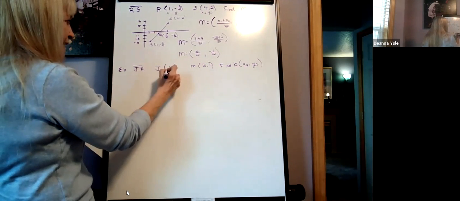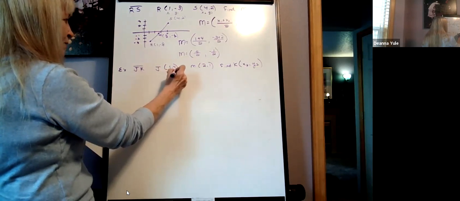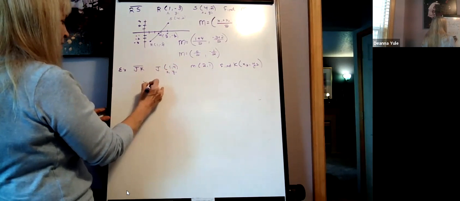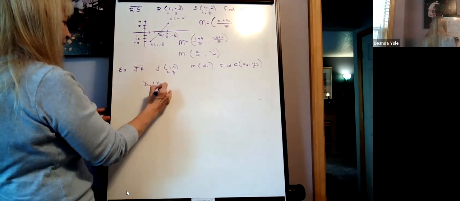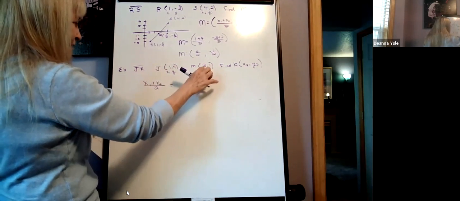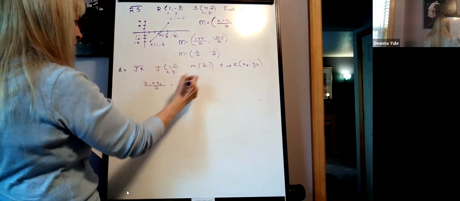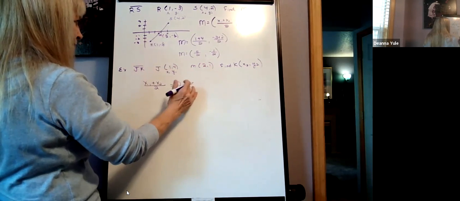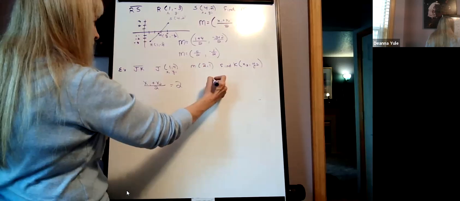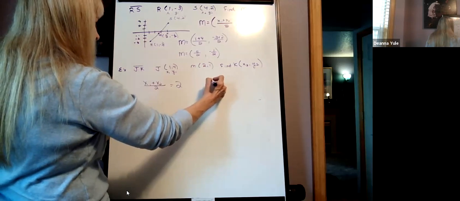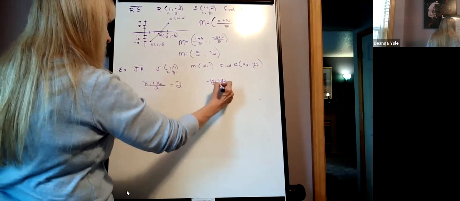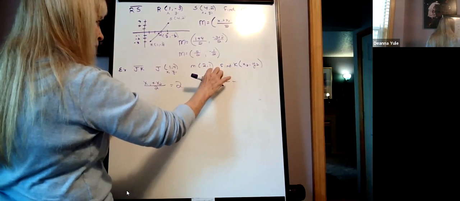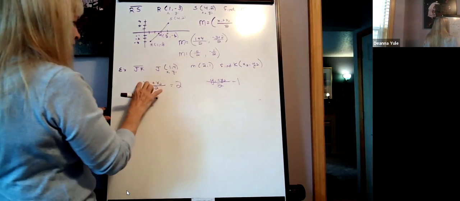So I can say here is x1, here is y1. The formula, remember, is x1 plus x2 divided by 2 has to equal this value of the midpoint. And then I'm going to say that y1 plus y2 divided by 2 is equal to the y value of the midpoint. I know what x1 is.